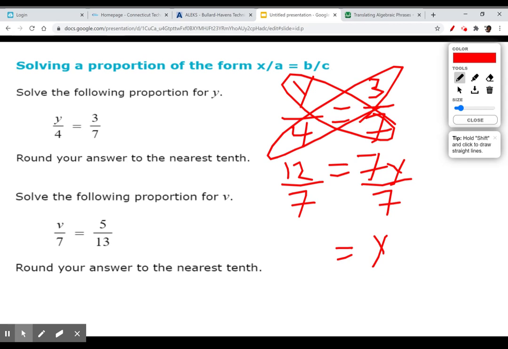And 12 divided by 7, let's see here. That's going to be 1 point, what's my remainder? 5. 1.71428.